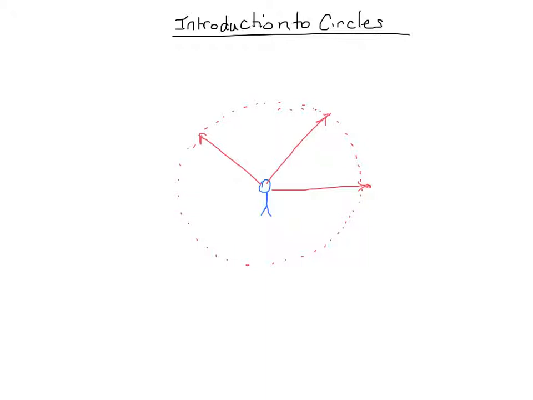And in this specific case, because we have the same distance going in every direction, this particular locus is called, you guessed it, a circle. A circle is a locus, or a set of points in a plane, that are an equal distance from a given point called the center of the circle.